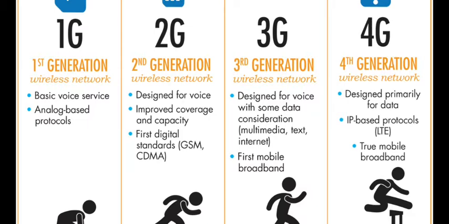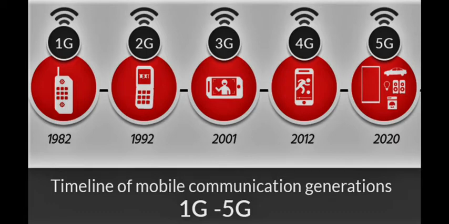The G in 4G or 2G refers to generation, which is a generation in the cellular communication technology. If you talk about the timeline, 1G was introduced in the 1980s, and then after a decade, in the 90s, we had 2G.